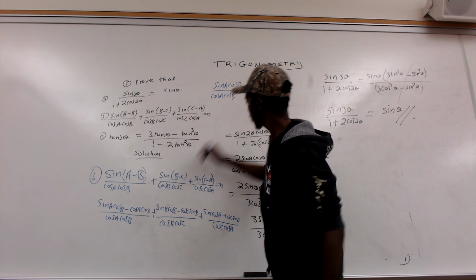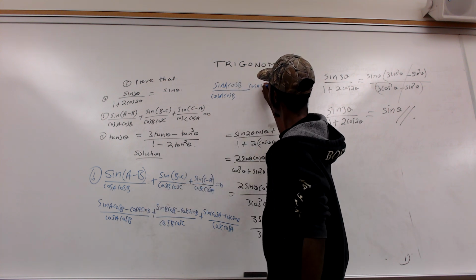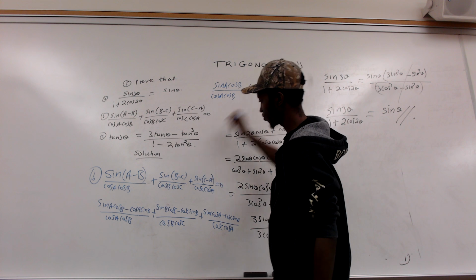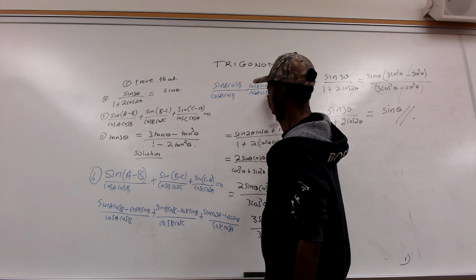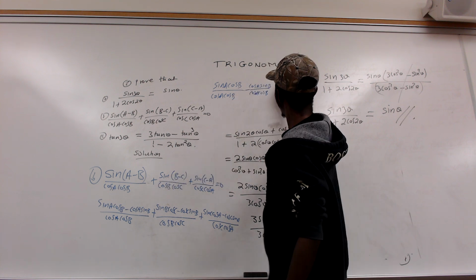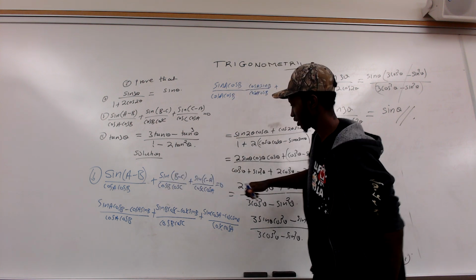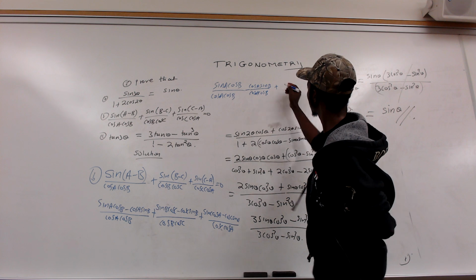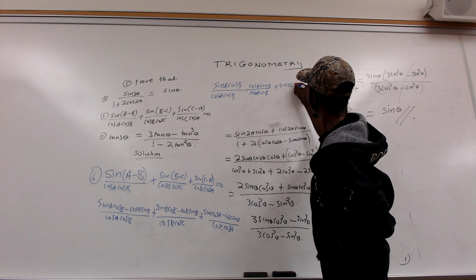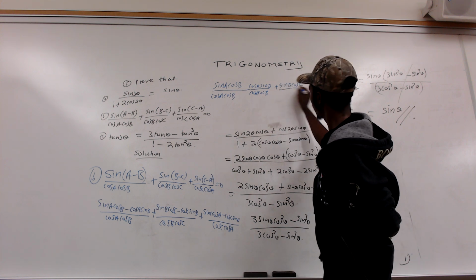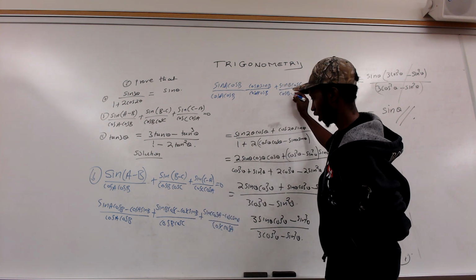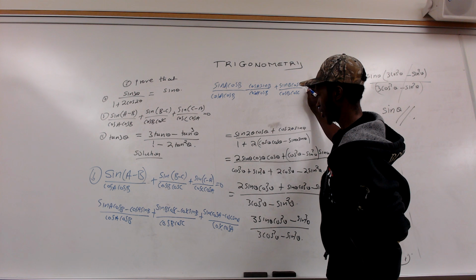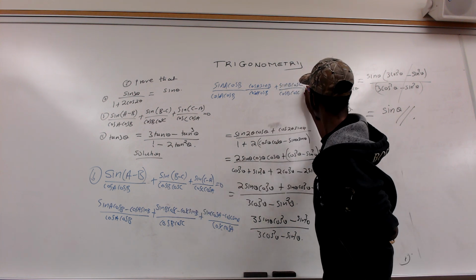We also have cos A sin B divided by the denominator, which is cos A cos B. We come to this plus sign, plus. We also consider this other bracket, which is sin B cos C divided by this denominator, which is cos B cos C. And we have this minus sign, minus.